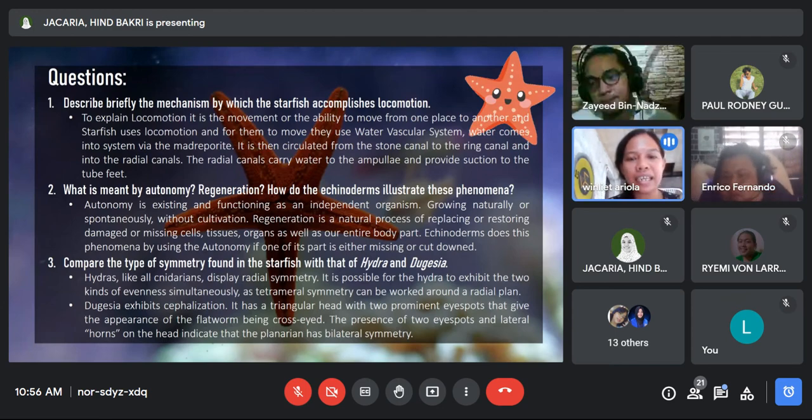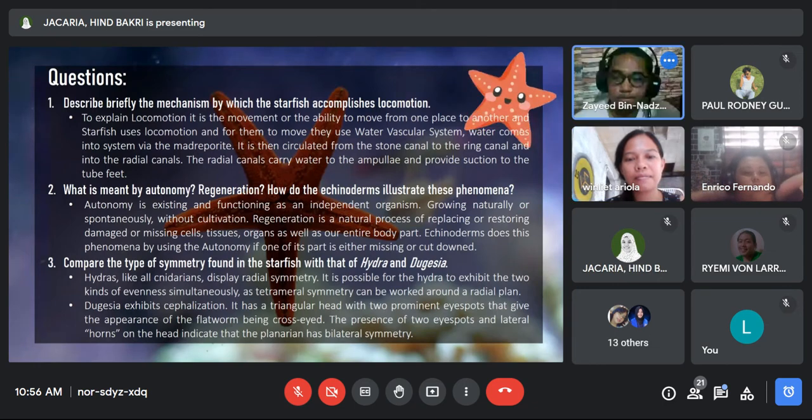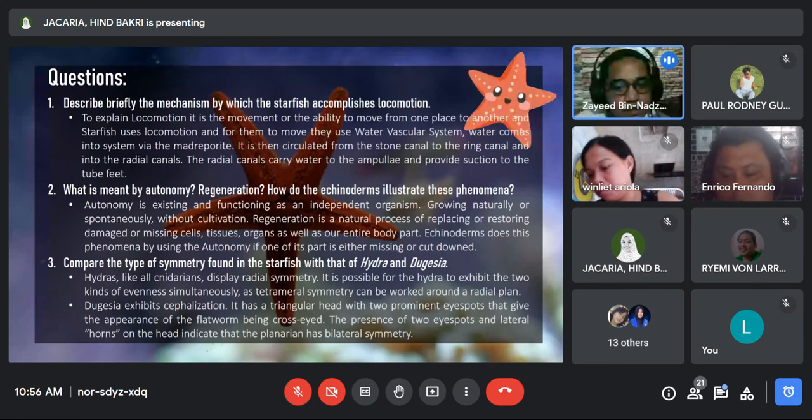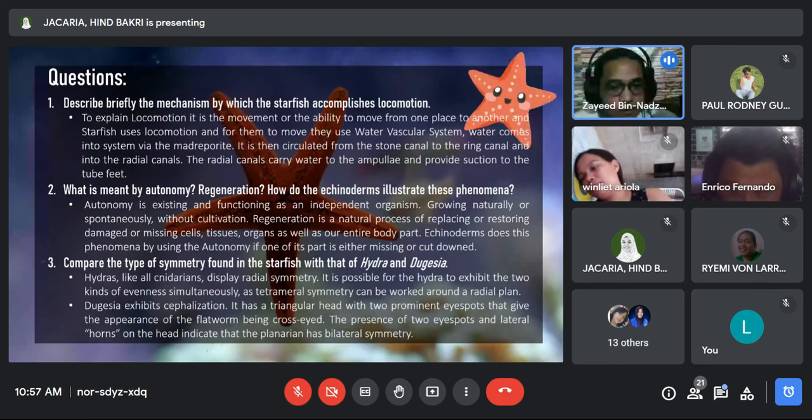Okay, proceed to number 3, Zaid. Thank you, ma'am. For number 3, compare the type of symmetry found in the starfish with that of Hydra and Dugesia. The answer we have gathered is that Hydras, like all cnidarians, display radial symmetry. It is possible for the Hydra to exhibit two kinds of evenness simultaneously, as tetrameral symmetry can be worked around a radial plan.